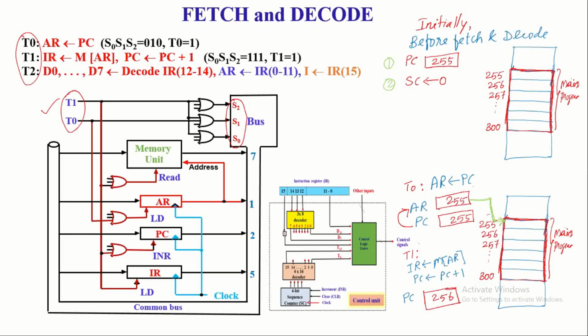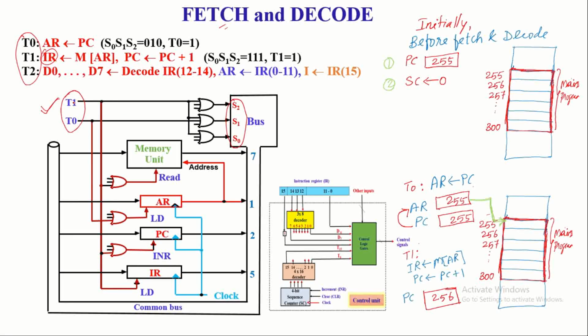What components are required? Address register, program counter, memory, and instruction register. Only these components are included in this common bus system.